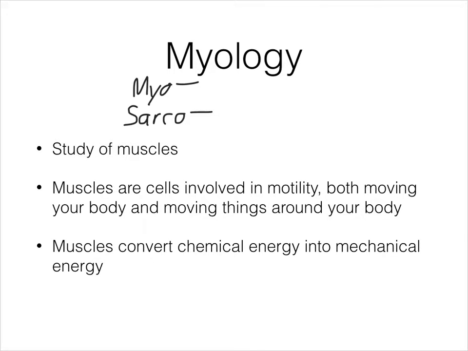Now, when we're talking about muscles, we've talked about muscle tissue before, and muscle tissue is made of muscle fibers and muscle cells, what are called myocytes, literally muscle cells.